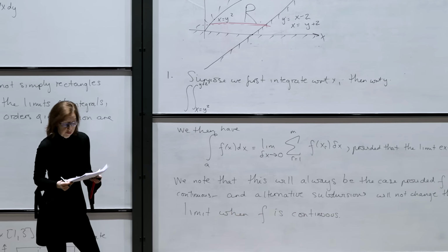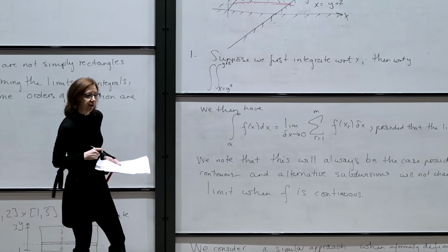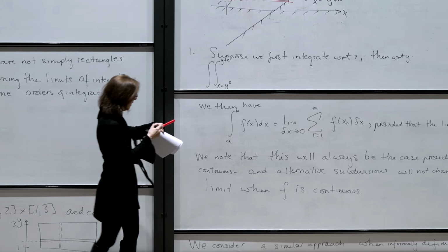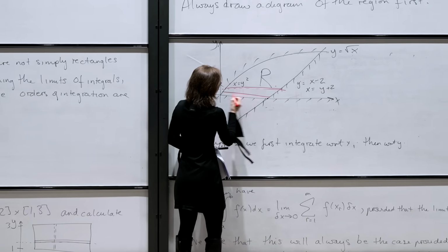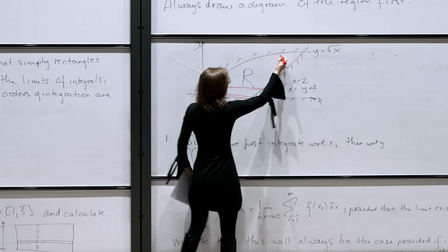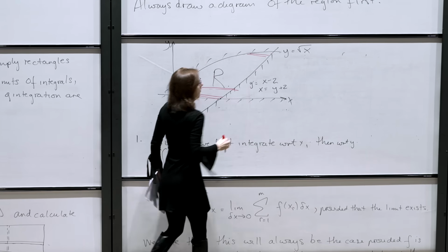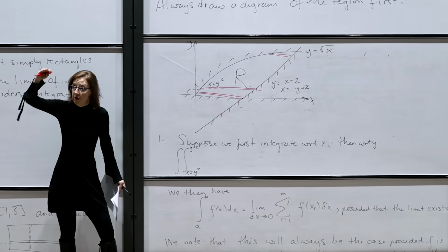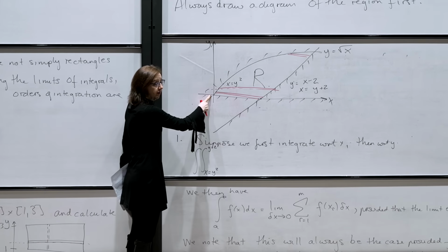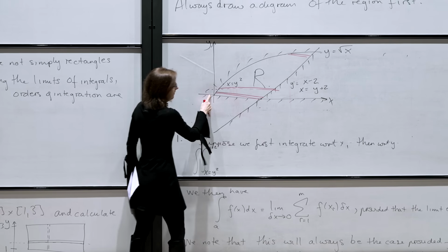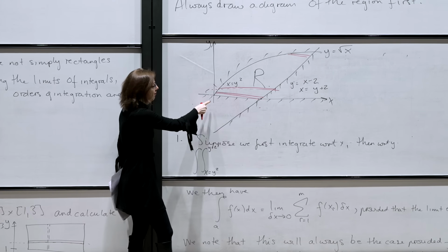But then I have to do a bit more work because I don't yet know what values of y I'm going to pick. I'm going to go through every sliver, from here all the way up to here. As I go up, I'm picking through all those y values that the area is covering. Clearly I'm starting at y equals 0, because the x-axis is the boundary of my domain.